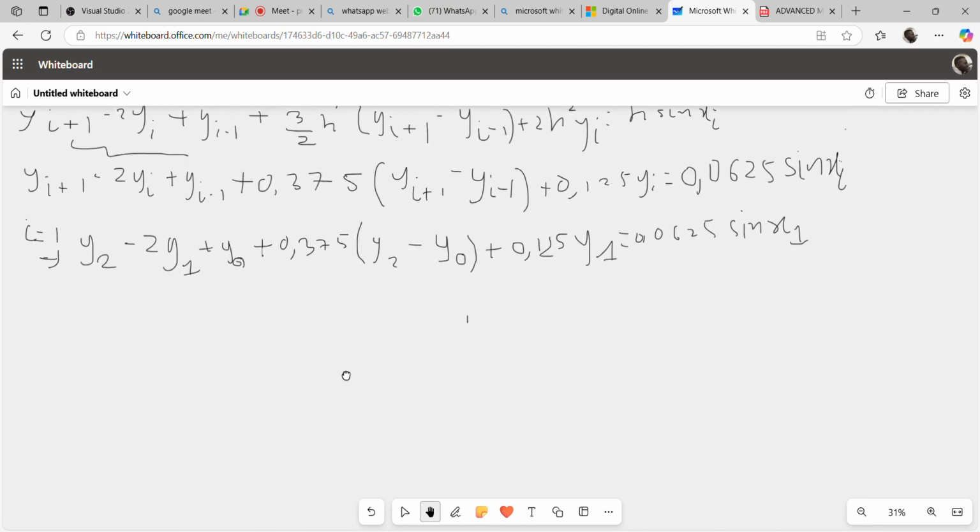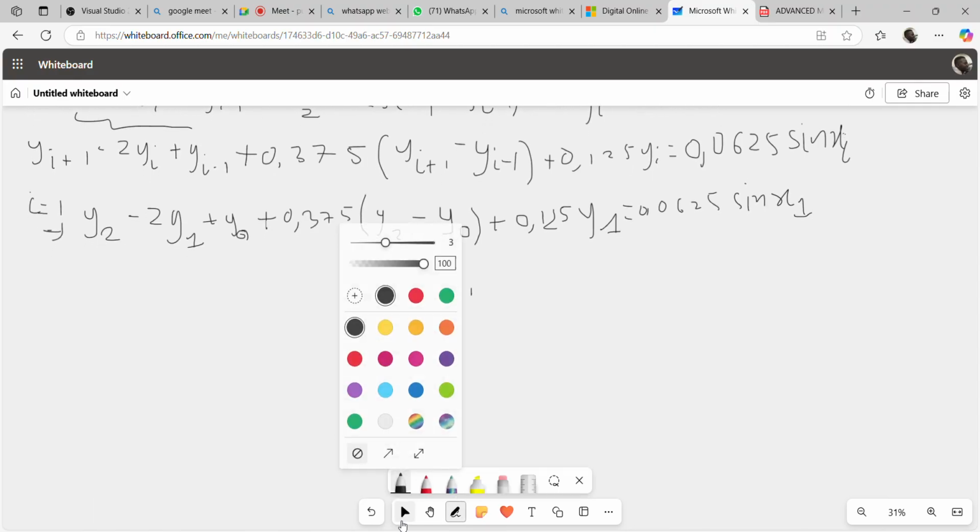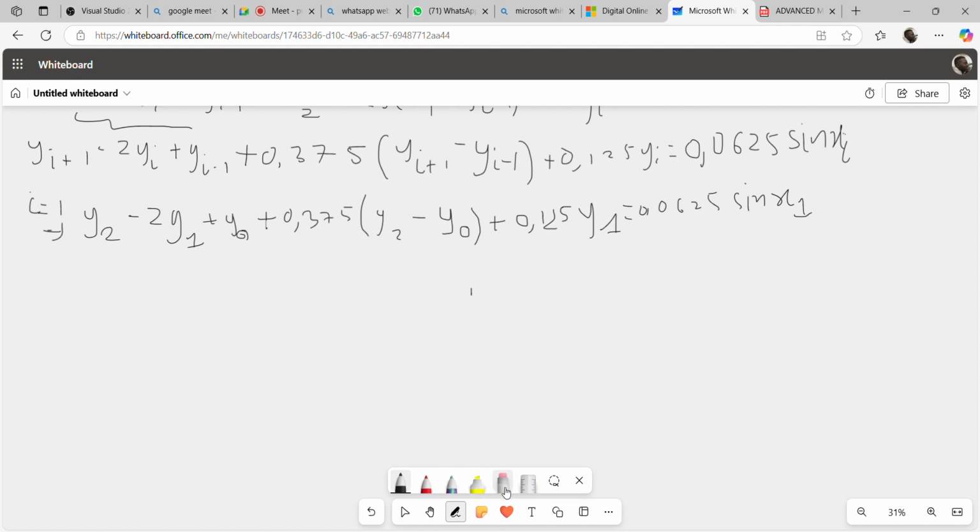Now, I have a concern here that I want you guys to confirm for me with the lecture. But we're going to solve the problem fully. My only concern is when we substitute the value of x1 here. Since there's sine, a trigonometric function, I'm not sure if your calculator should be in radian mode or degrees.